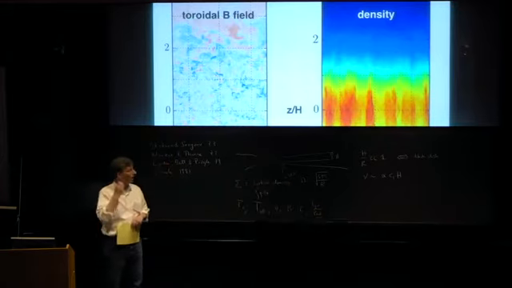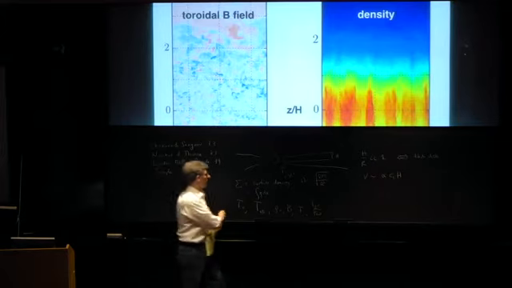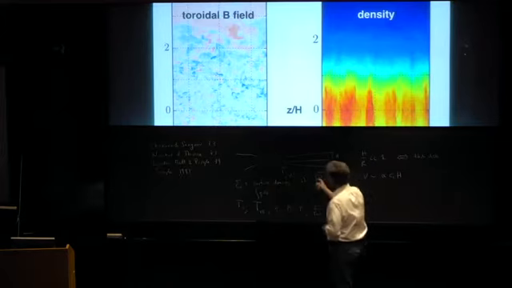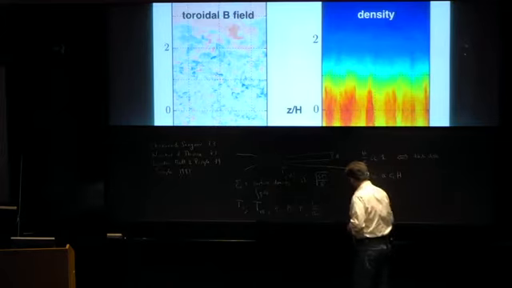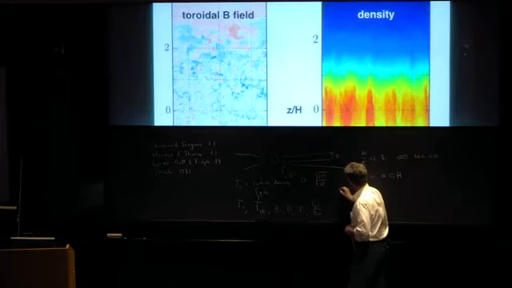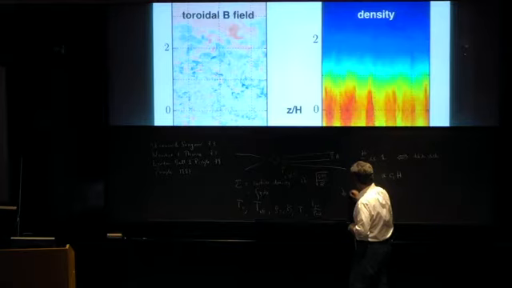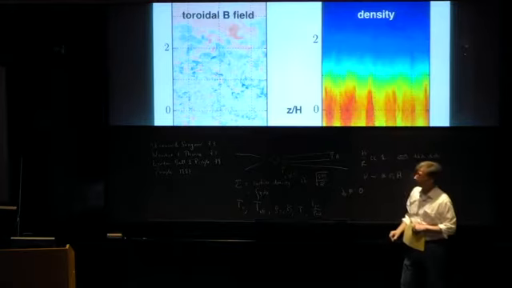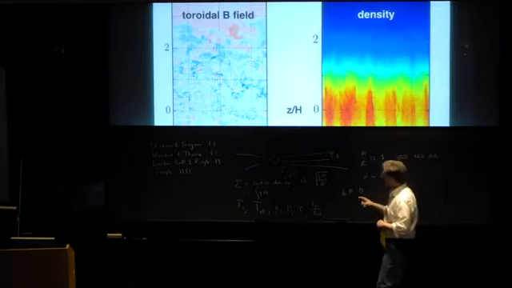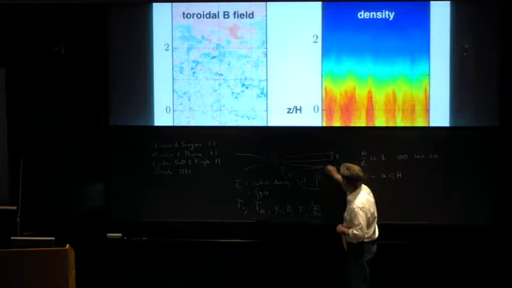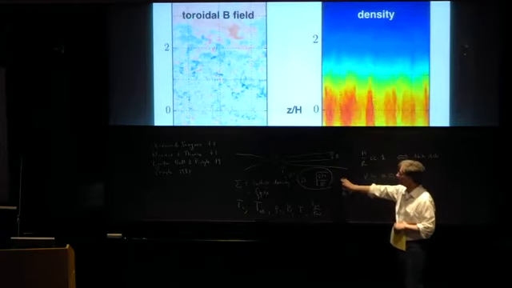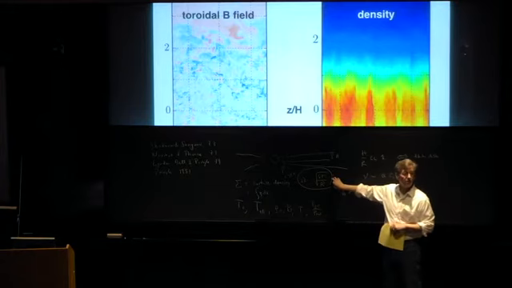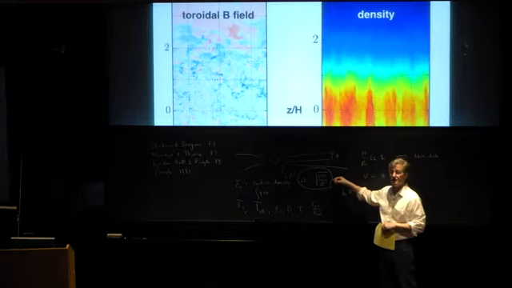So this all emerges from an assumed value for alpha, from an assumption that it's in a steady state, and from vertical hydrostatic equilibrium and radial equilibrium. The idea is that it's centrifugally supported.